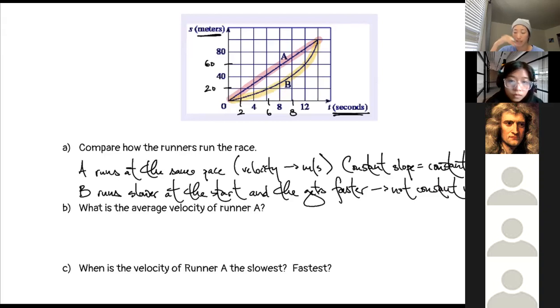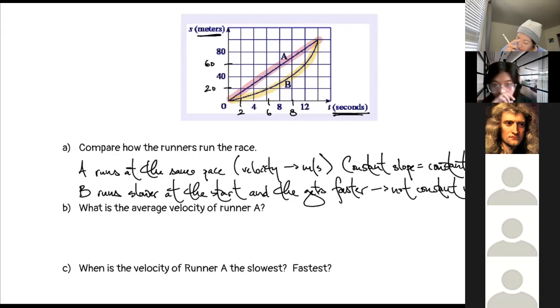Do you mind unpacking that a little bit more? I would 100% agree with what Graham and I think Thea are saying, but I'm wondering if you can help us figure out where those numbers came from. Like, how do we find that average velocity? He traveled 100 meters in 14 seconds.